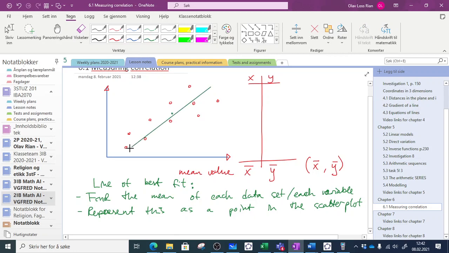And other than that, we just try to have an equal number of points above and below the line. So maybe something like that. That's a line of best fit.